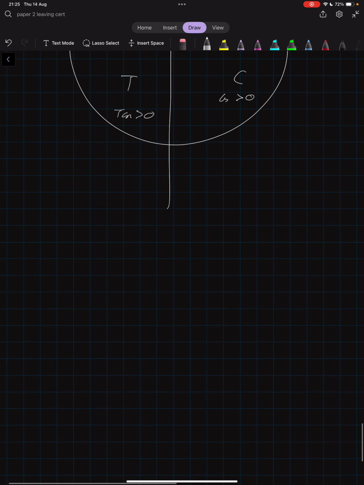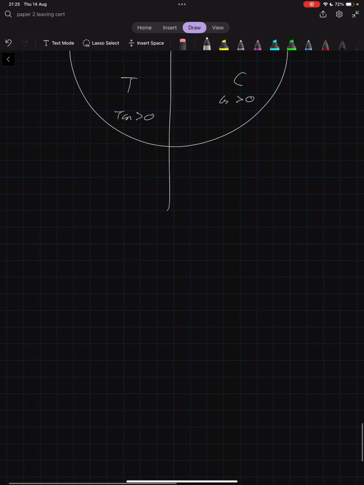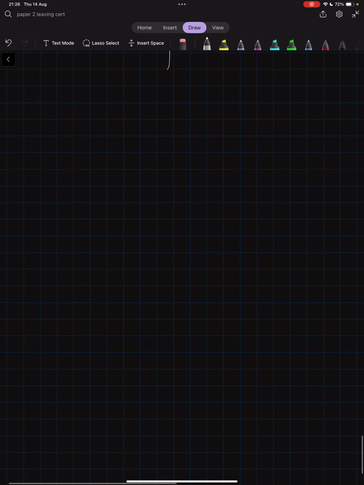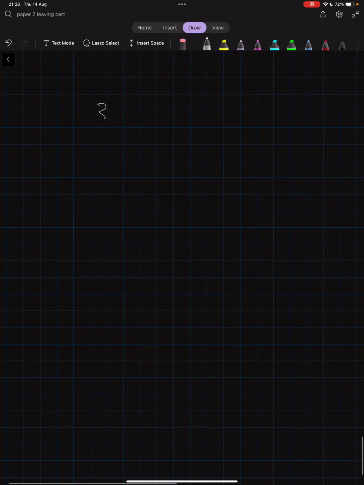Another thing that they can do is ask you to write these in surd form. So what you're doing is using nice angles, like 30, 45, and 60.